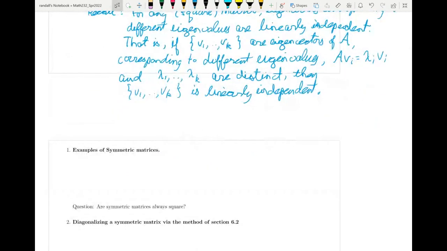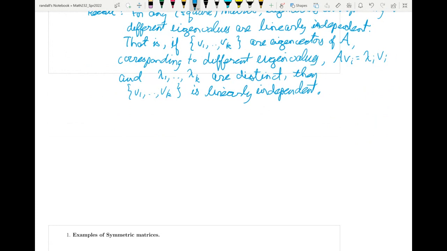Continuing on with this same discussion about an arbitrary matrix and its eigenvectors.